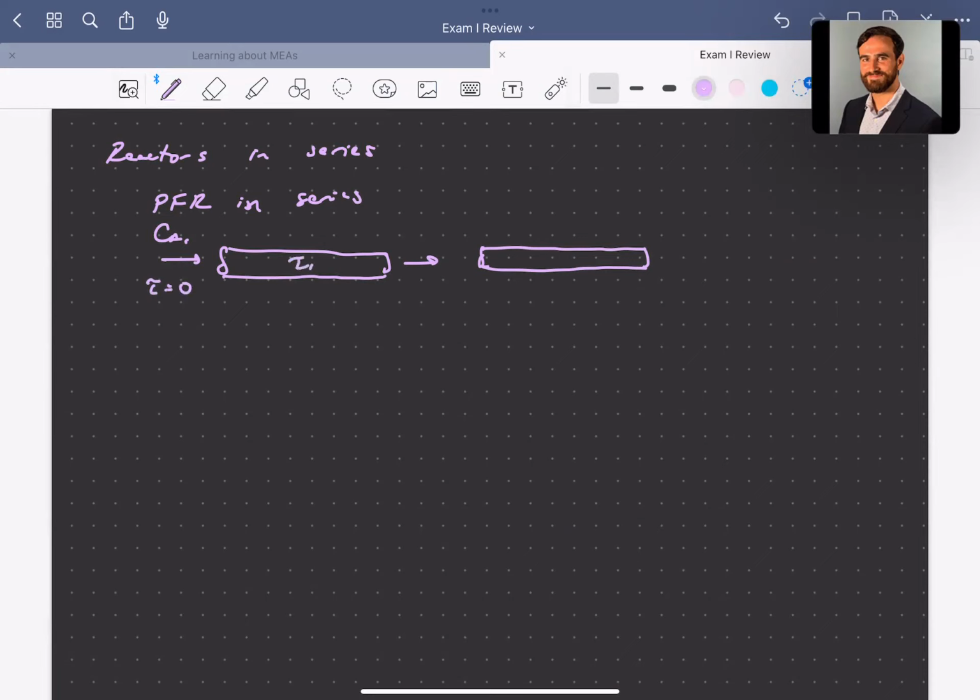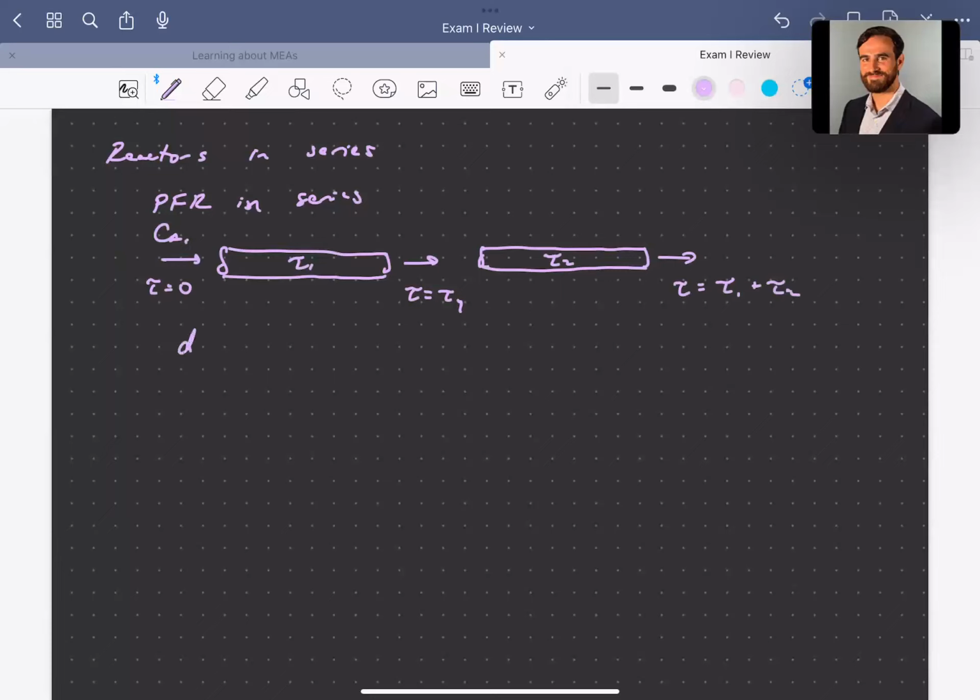This first reactor has a residence time tau1. And here we have a residence time tau2 for the second reactor. So leaving the second reactor, we're at a residence time of tau1 plus tau2.